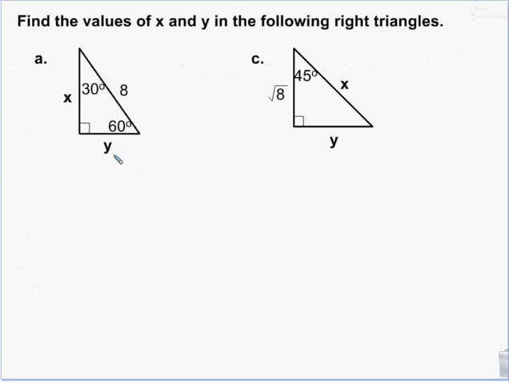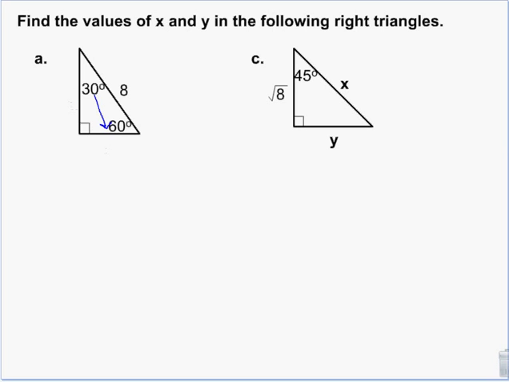Okay, here I'm given the hypotenuse. So before I can find my short leg, I need to divide by 2. Let me change the x's and y's again so I can label on the picture. I'm going to take that away, and I'm going to take that away.